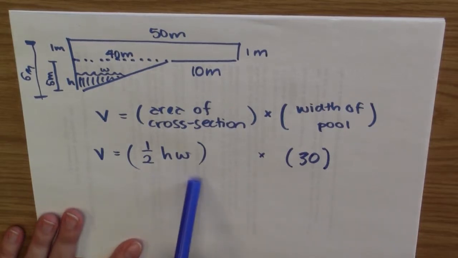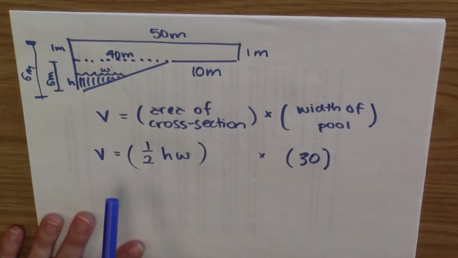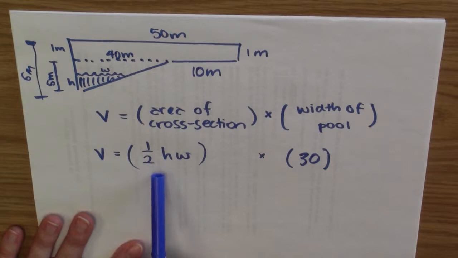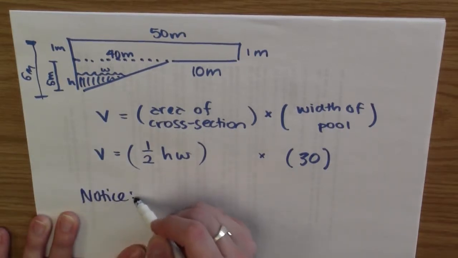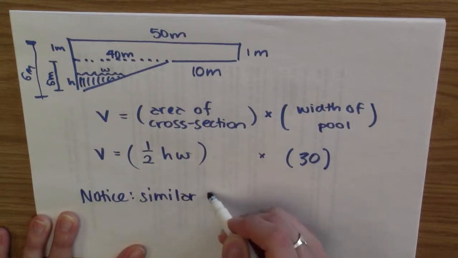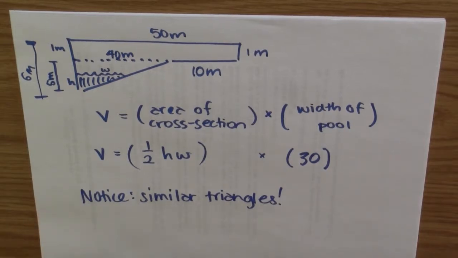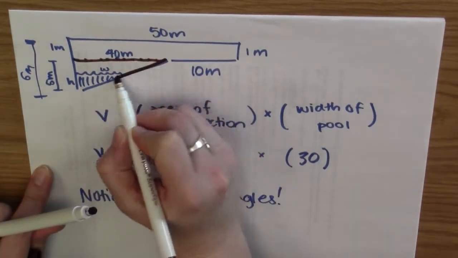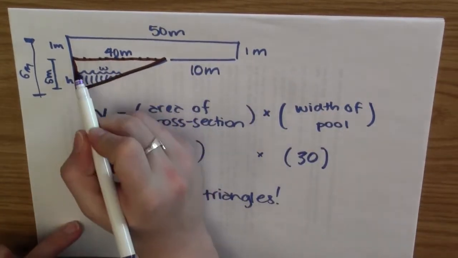All right, well, I have too many variables here, so I need to eliminate one of them. I know how much the volume is changing, and I really want to find out how fast the water level is rising. So the variable that I want to keep in there is the h, which means I need to get rid of my w, right? So I notice that I have similar triangles. One of my triangles is here, and my other triangle is here, right?